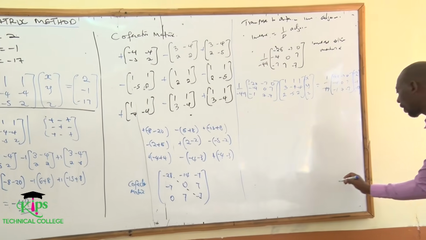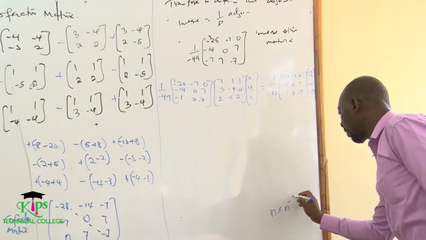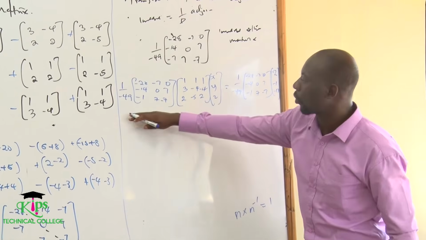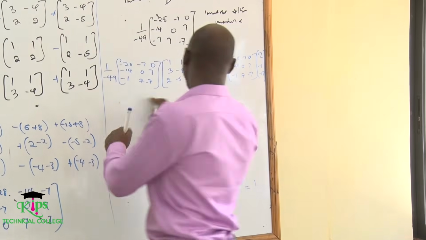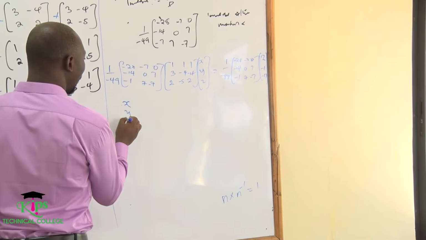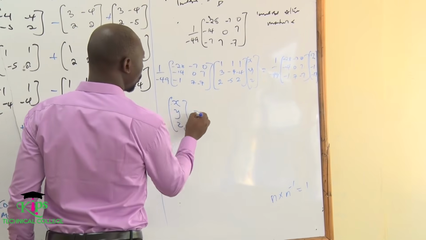Any number, for example, if you have a number n, if you multiply by its inverse, you shall get 1. So this side automatically gives you 1. So it means that this side remains x, y, and z, equal to that other side.